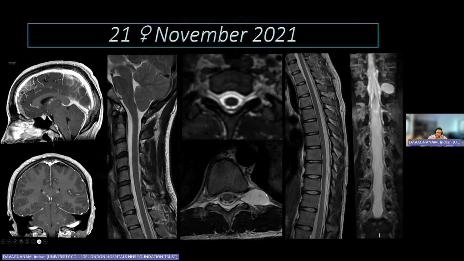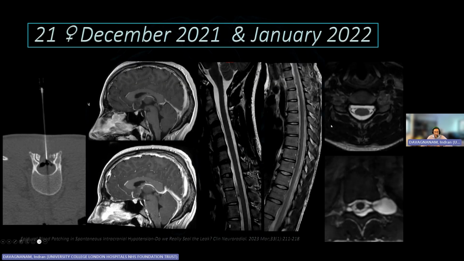And therefore, that was primarily the suspicion. But obviously, if you have a longitudinally extensive collection, you'd think about a type 1 leak, but potentially a type 2 leak from this meningeal diverticulum. And you can see that we've reconstructed the MRI scan to give you this virtual myelographic image, but certainly not a clear indicator of where the leak is.